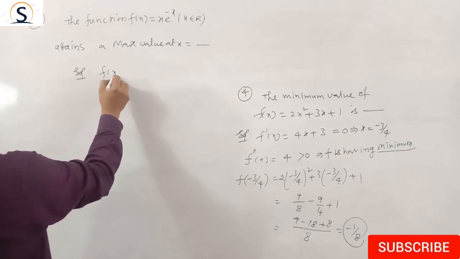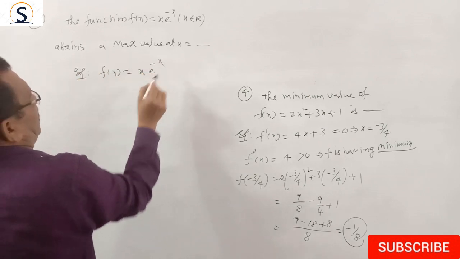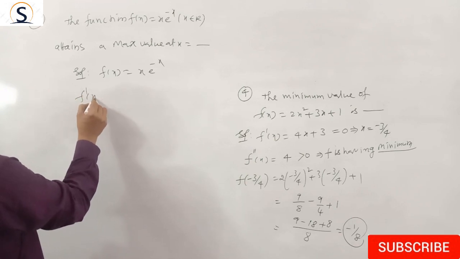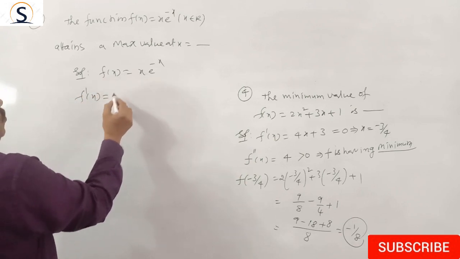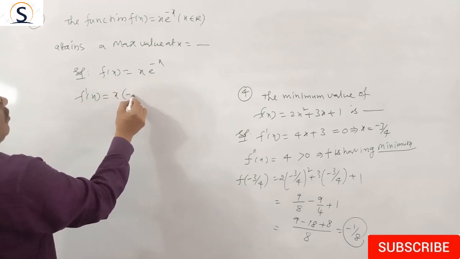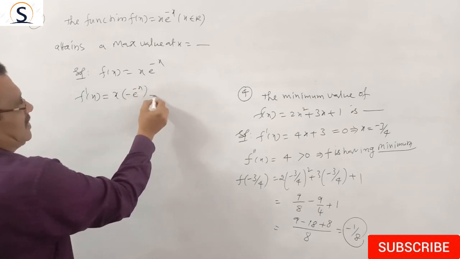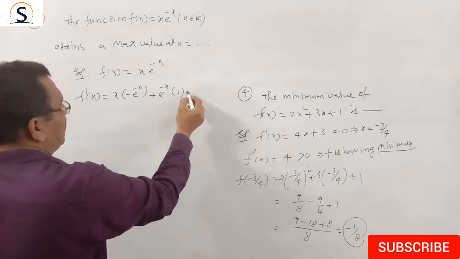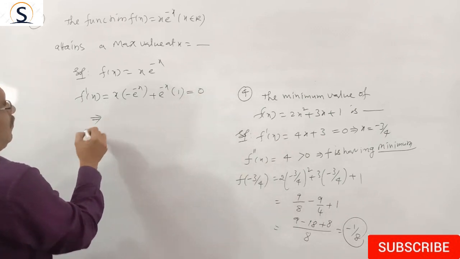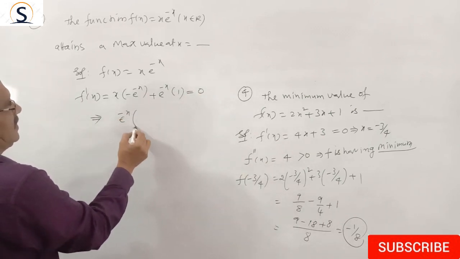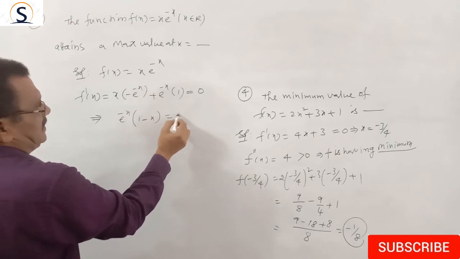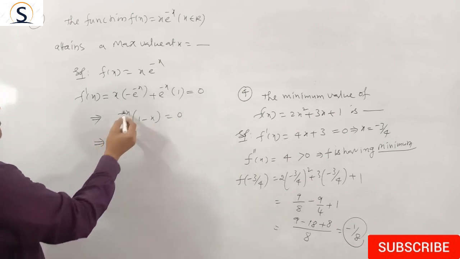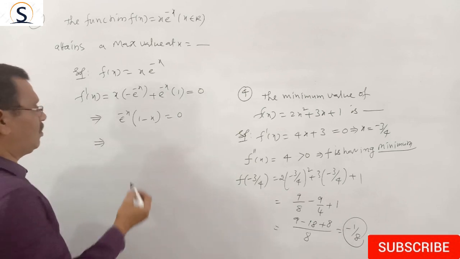Now, f(x) is equal to x into e to the power of minus x. f dash of x is equal to u into v dash plus v into u dash, directly equate to 0. That implies e power minus x is common, 1 minus x is equal to 0. This e power minus x will never become 0.